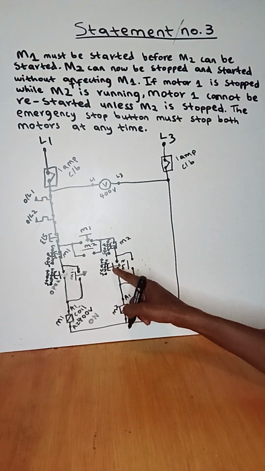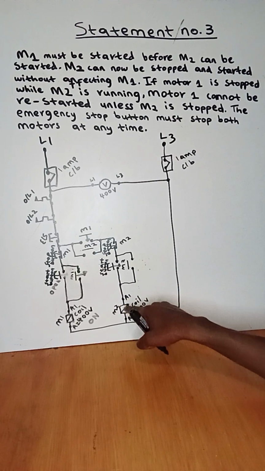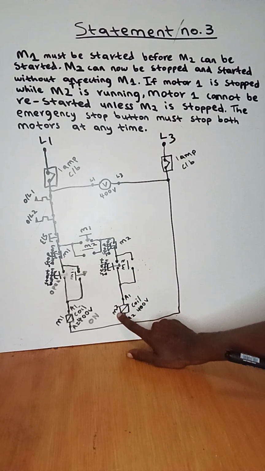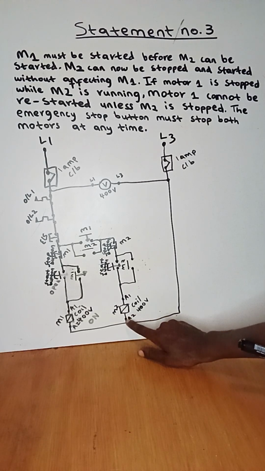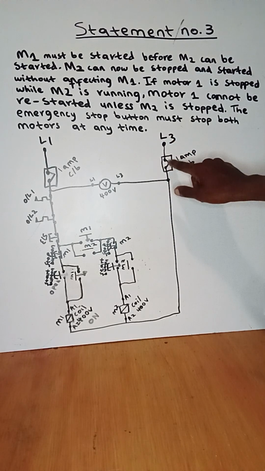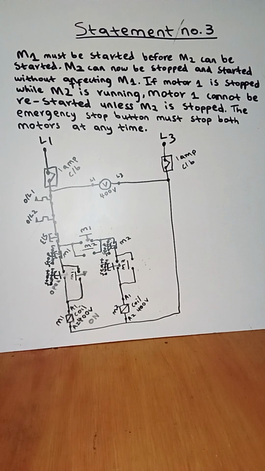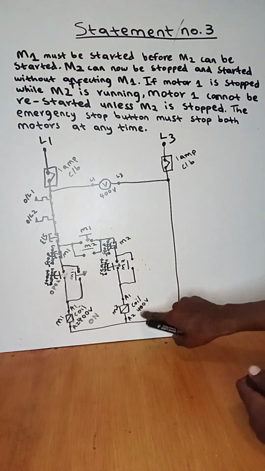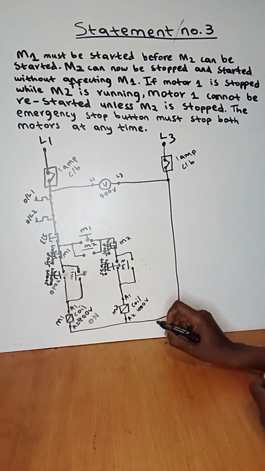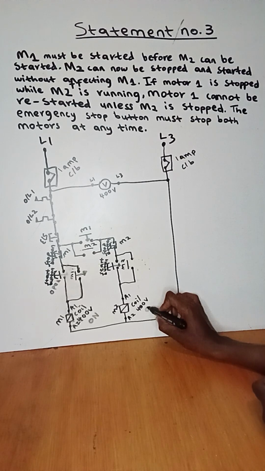When it creates a closed contact, current will flow all the way to A1 of the coil of motor 2, and from A2 it will also have live 3 that will pass through the closed contact of the circuit breaker. So when my coil of motor 2 has live 1 and live 3, that's when it will be energized. So I'll write on.